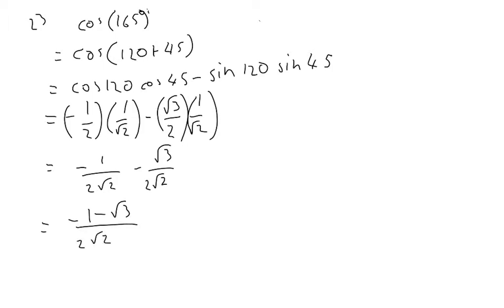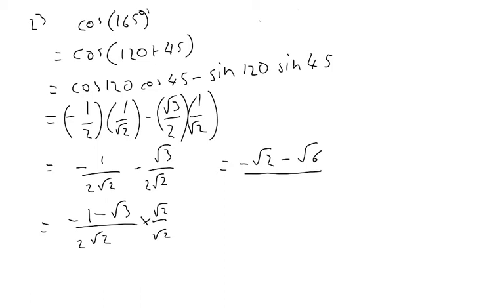What I'm going to do is get rid of the surd on the bottom. Depending on what your question asks, you could technically leave that as an answer, but I want you to go further. For example, if I want you to prove something, you have to go further. So I'm going to multiply the top and the bottom by root 2. That leaves me with minus root 2, take root 6, because minus root 3 times root 2 is root 6.